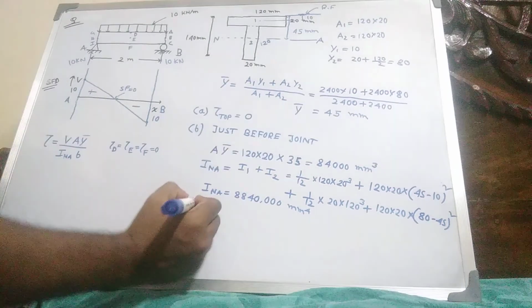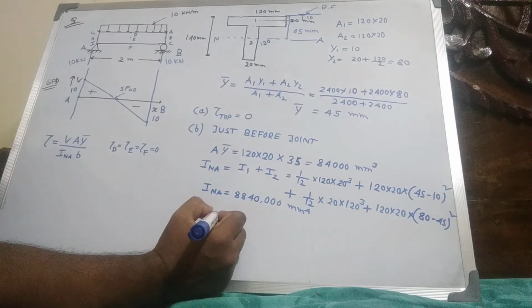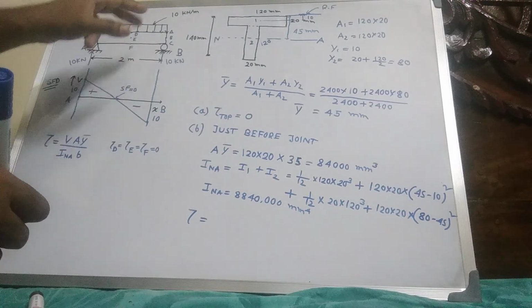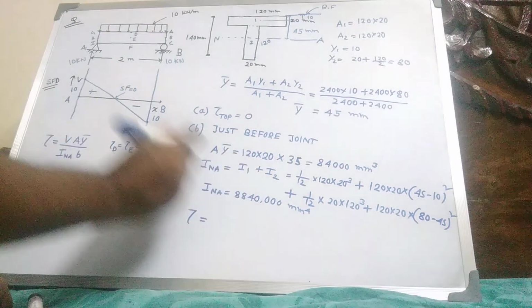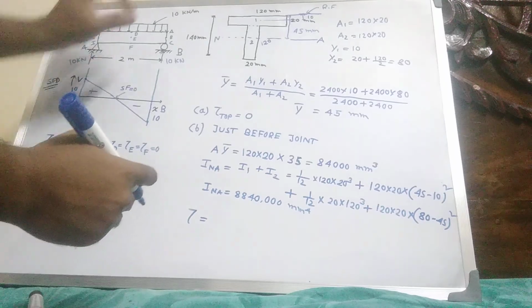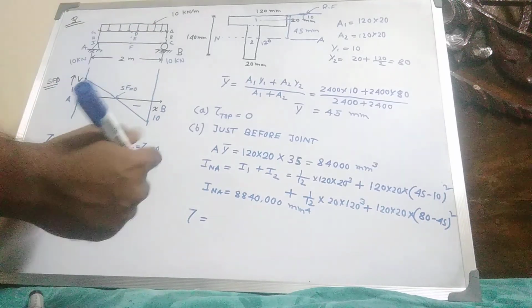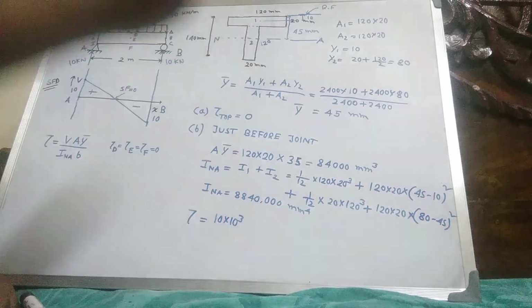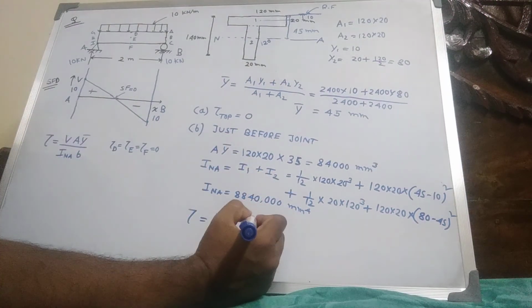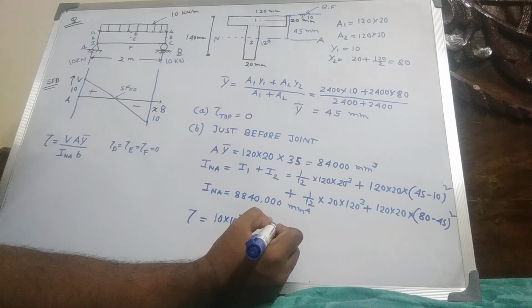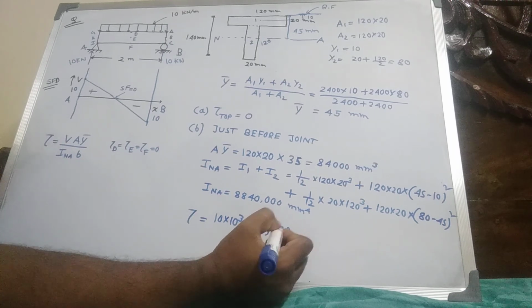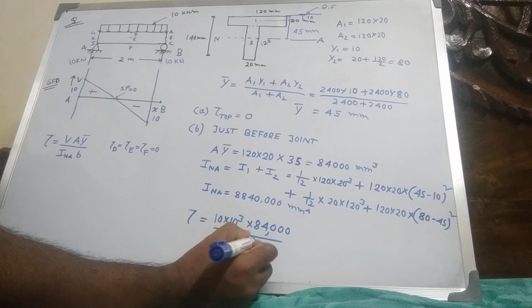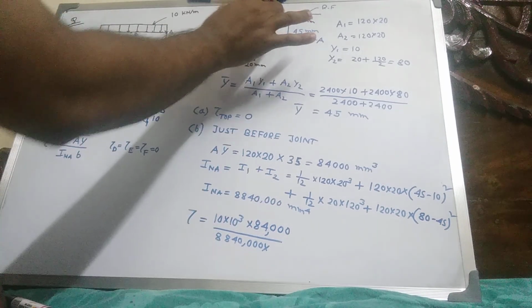Now calculate the shear stress just before the joint. Shear stress equals shear force times A y bar divided by I times B. The shear force is 10 into 10 to the power 3 Newton, so it is 10 into 10 to the power 3 into 84,000 divided by 8840,000 into B, where B is 120.